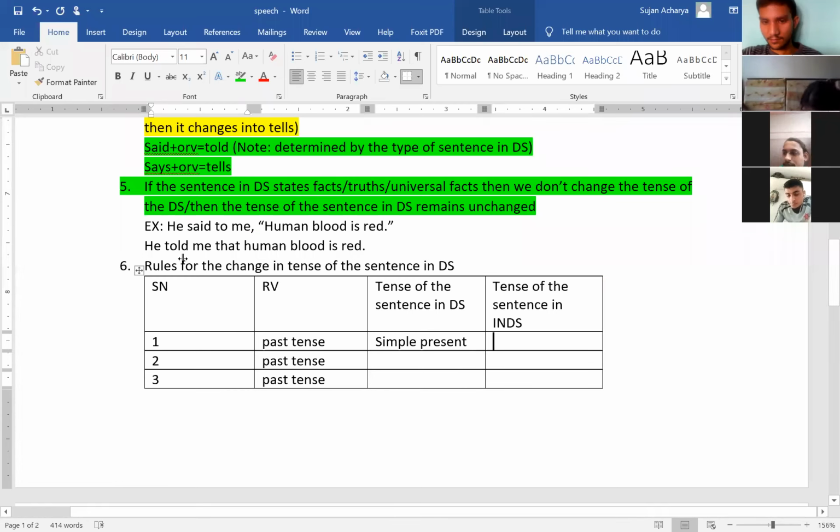First check if the reporting verb is in past tense or not: say, said, told, asked, whatever.